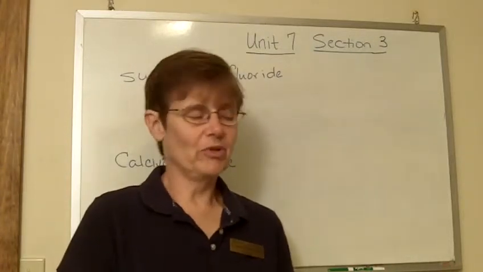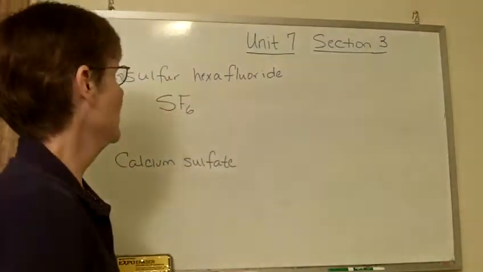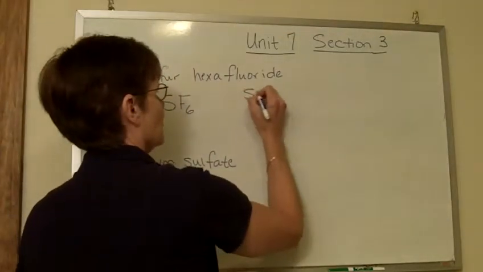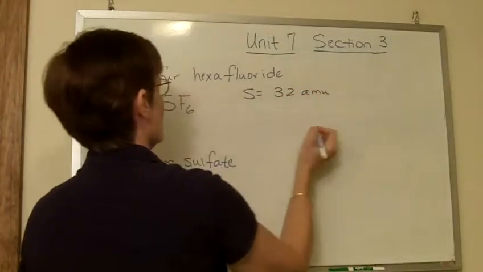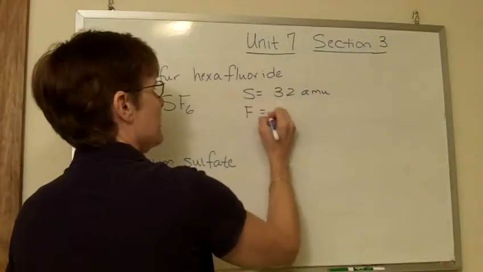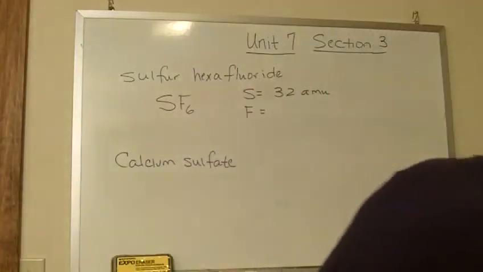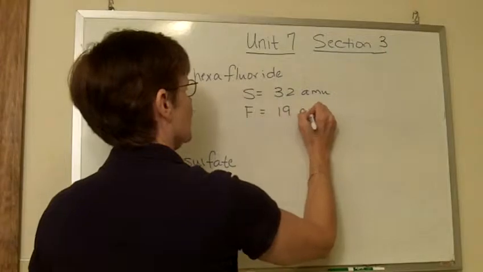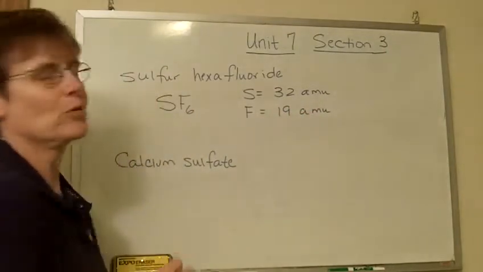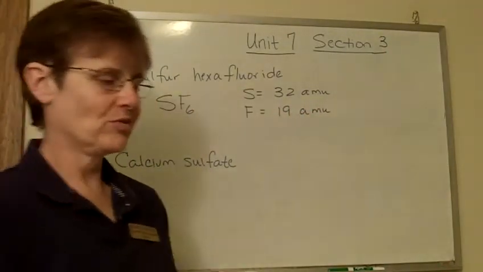So if you look at your periodic table, you will see that sulfur has a mass of 32 AMUs. And fluorine has a mass of 19 AMUs. And those both would be 0.0, by the way, I just didn't write that in.